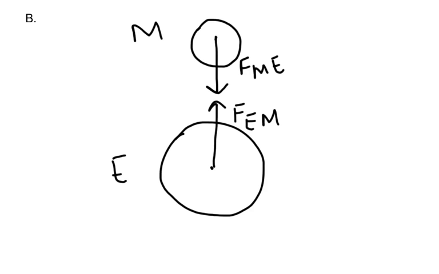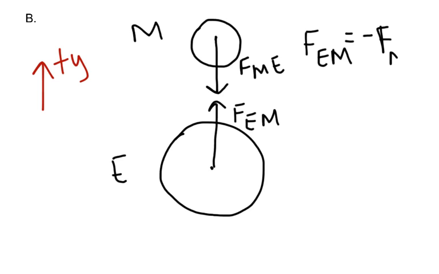They are equal in magnitude and they are opposite in direction. If I make up in this diagram positive, then the force on the Earth because of the moon is equal to a negative force on the moon because of the Earth.